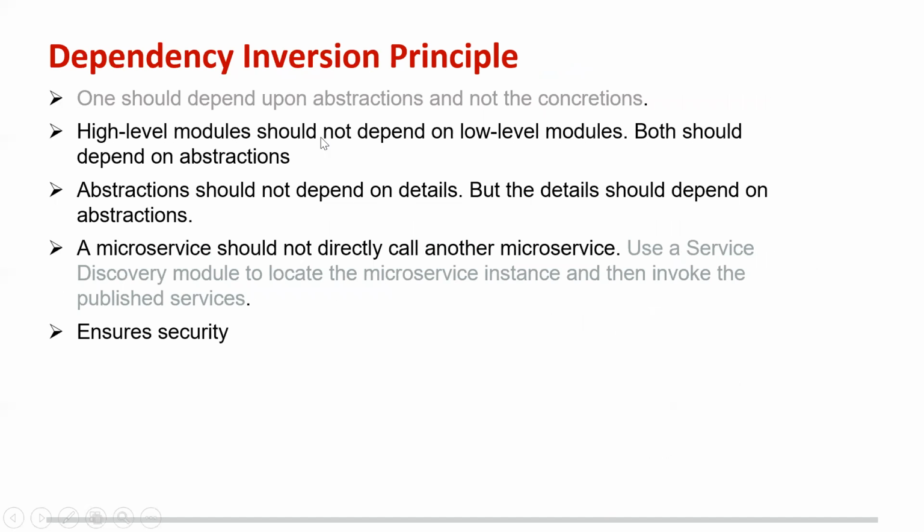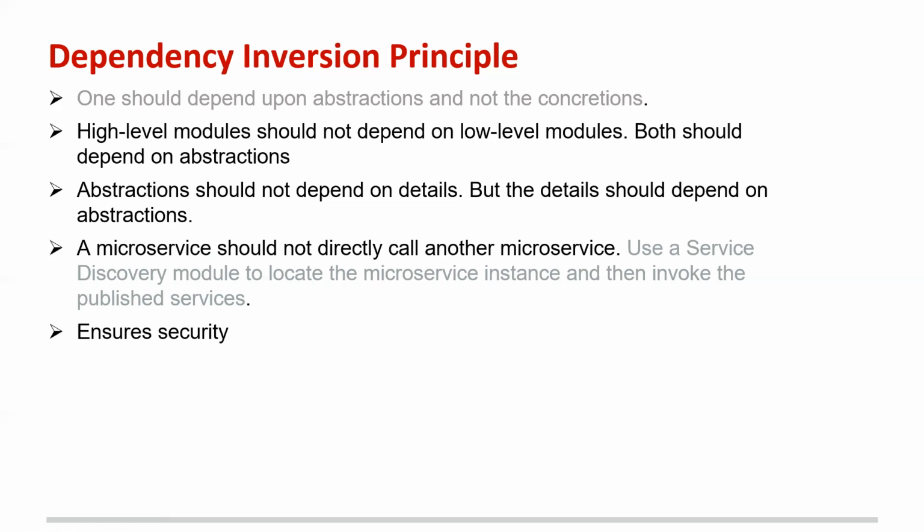And the next principle is the dependency inversion principle. We have also seen this idea throughout our class. With the dependency inversion principle, the clients or the application accessing the service should only have an idea about what kind of services are available.